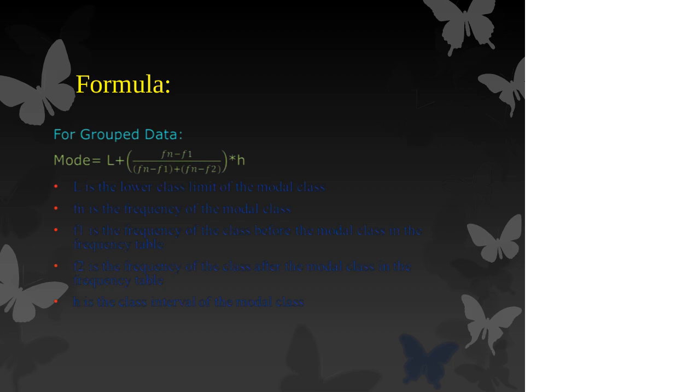Then we cross the bracket, then we multiply by H, and the whole thing is divided by 2Fm minus F1 minus F2. So this is another formula: L plus (Fm minus F1) times H over (2Fm minus F1 minus F2).